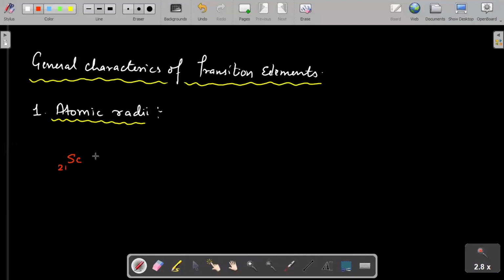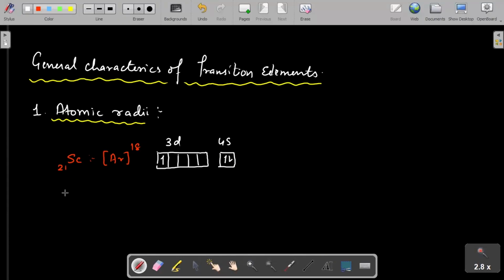Vanadium is atomic number 23, with argon 18 electron core, then 3d3 and 4s2. This is how we build the electronic configuration.